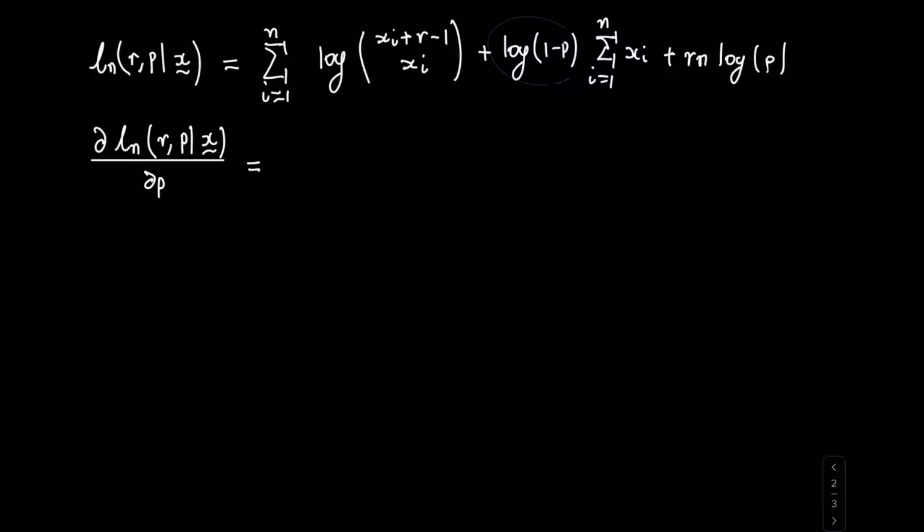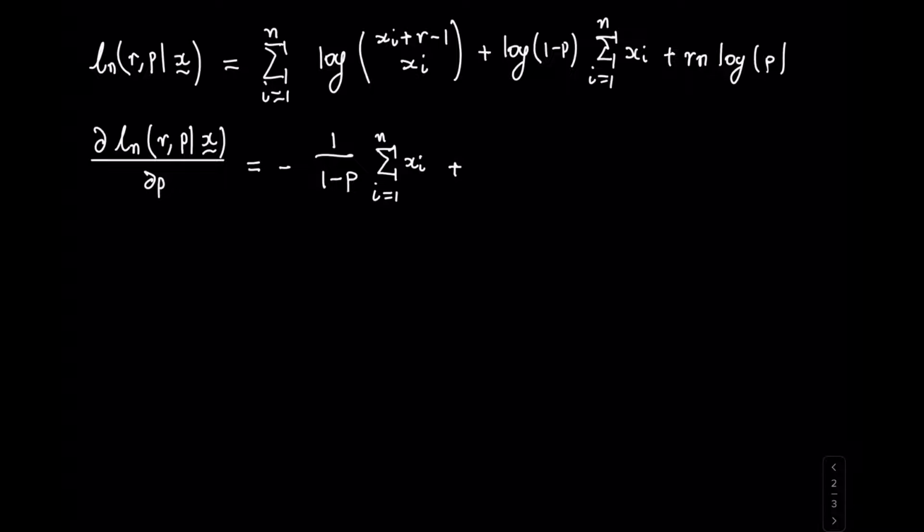Remember, to differentiate a log, we need to take the derivative of the inner function, which in this particular case is just -1. So negative, and then we have 1 over the function itself. So that becomes 1 over 1 minus p, and then the sum of i equals 1 to n of xi. And we've done that first one.